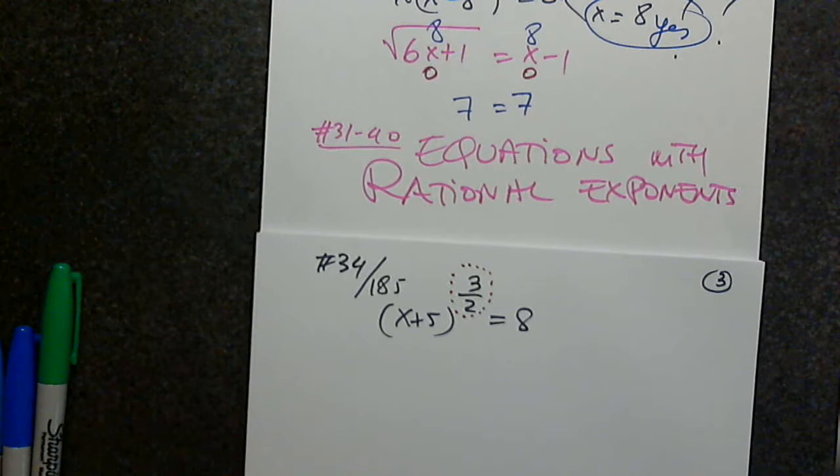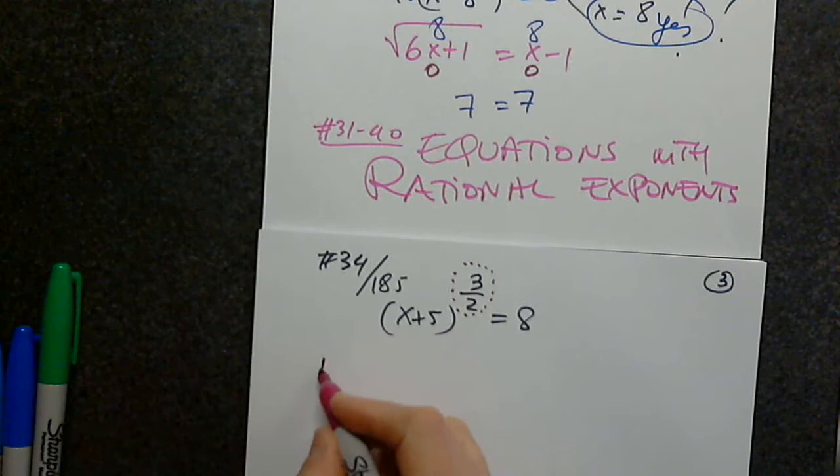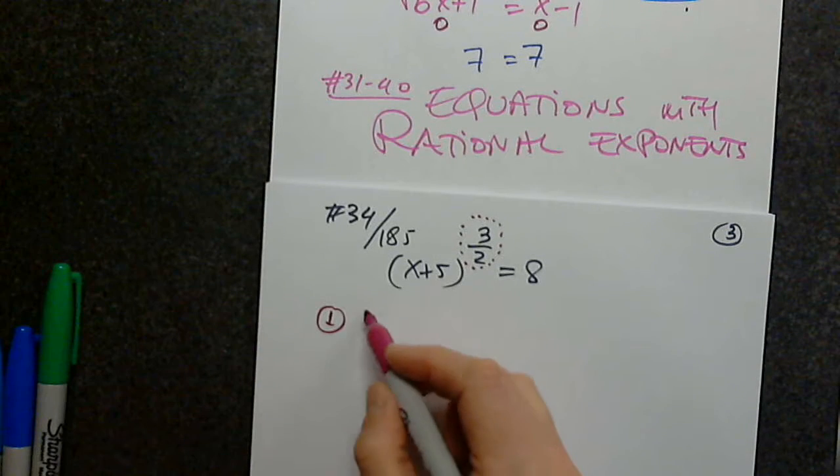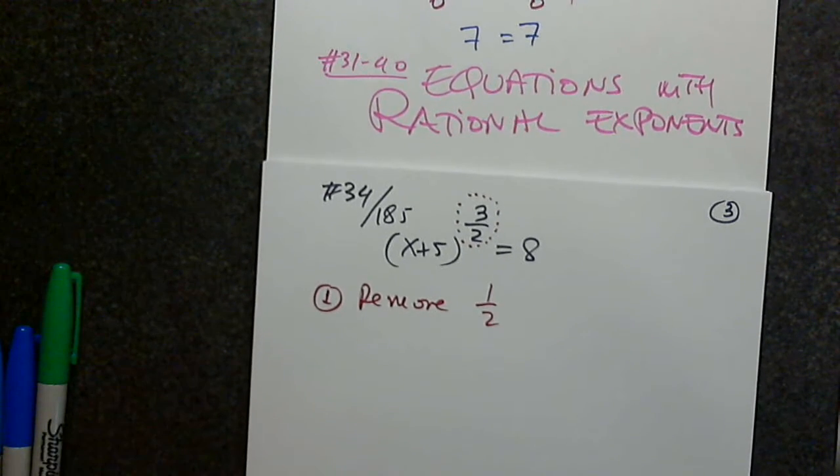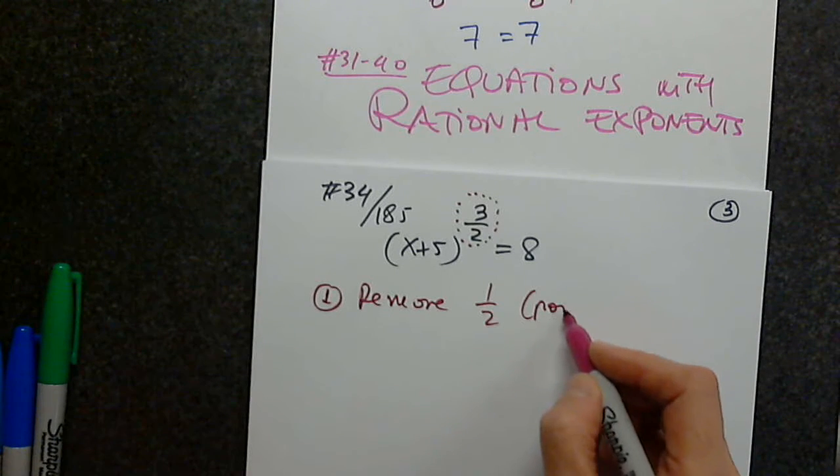So I have to apply a procedure to both sides. And it's very similar to radical equations, because a radical equation is pretty much the same thing. That's why I didn't really have a name for this. It's also a radical equation. It's the square root of x plus 5 to the third. Okay, so what I recommend is to do it in two steps. In step 1, remove the 1/2 power.